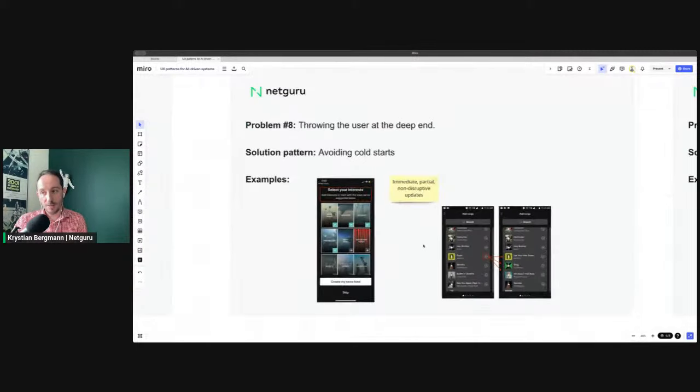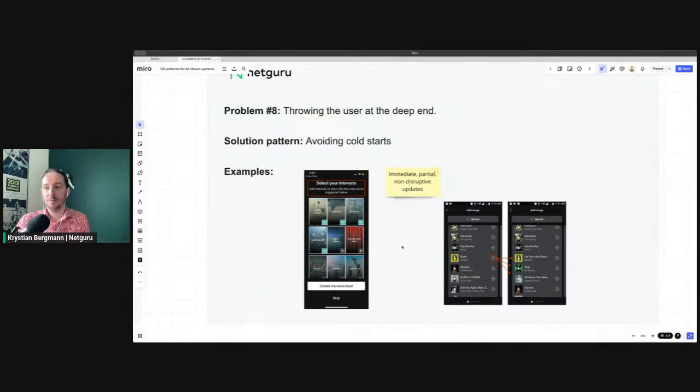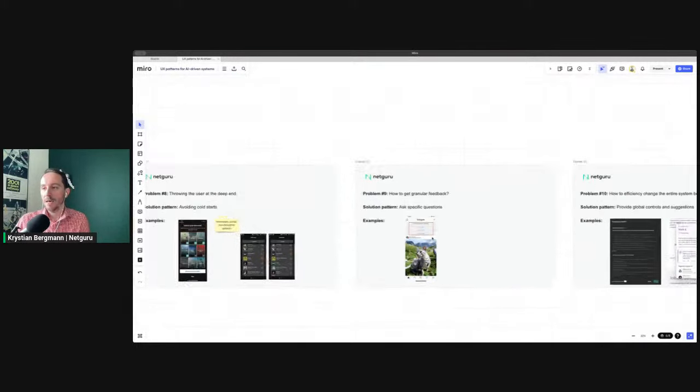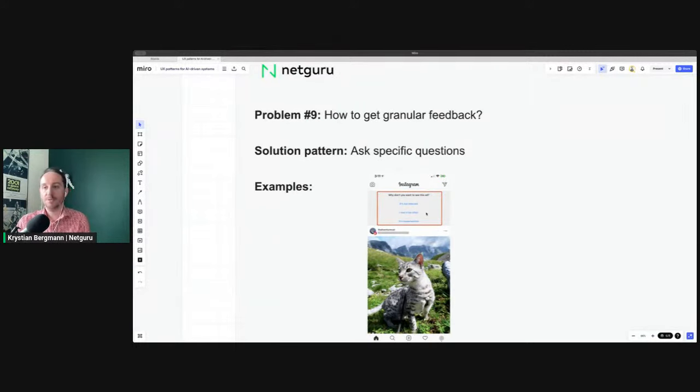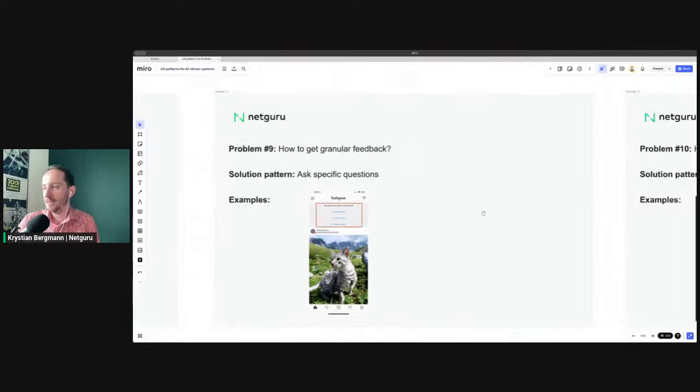Avoid cold starts, right, with new systems. Make sure you at least try to pre-configure the system for the users. Ask very specific questions during the feedback process, right? It doesn't need to be a black or white question. It can be much more granular, so that you will have more insightful product analytics.